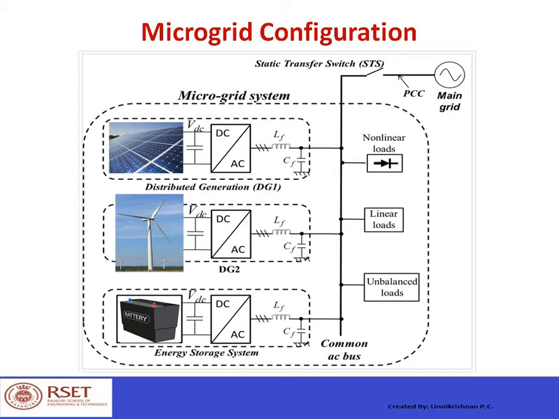So there are 2 types of generation and 1 storage here. The output of solar is DC, and this DC has to be converted to AC. So you need an inverter there, and then it is connected to the common AC bus.